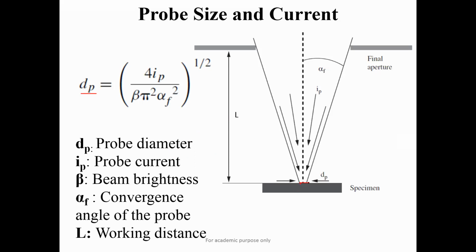It will depend upon the probe current, meaning the number of electrons, then the beam brightness, and the convergence is also very important. Convergence is defined like this, and this is the working distance. Suppose your final aperture is here. The distance between the final aperture and the specimen is the working distance. So all these parameters are very important to define the probe size.